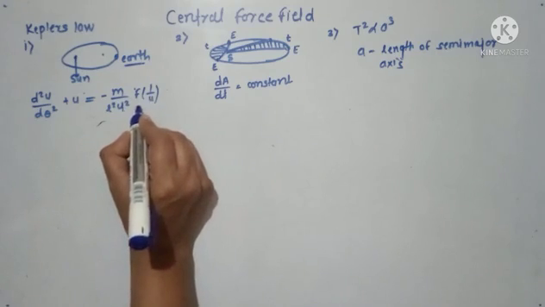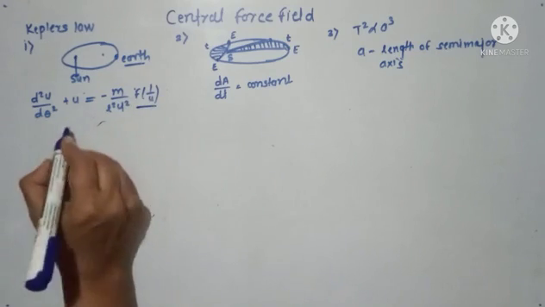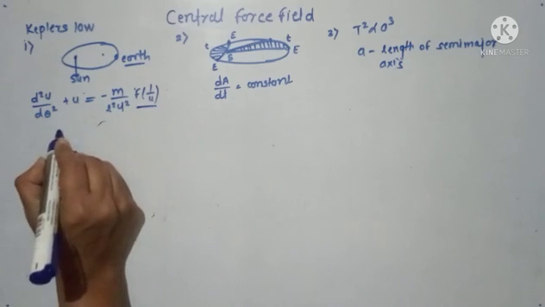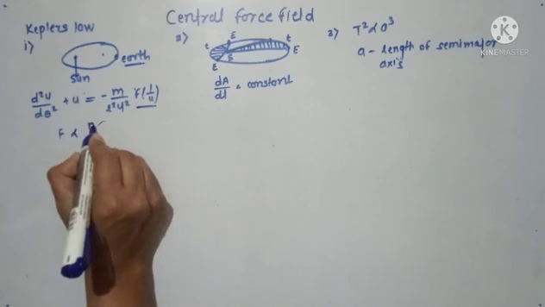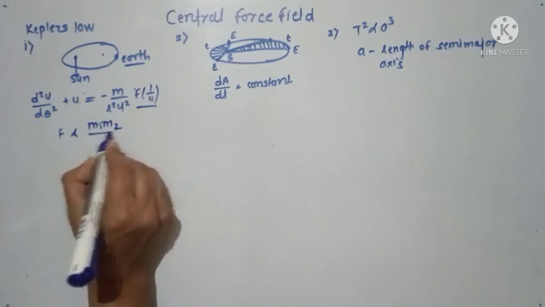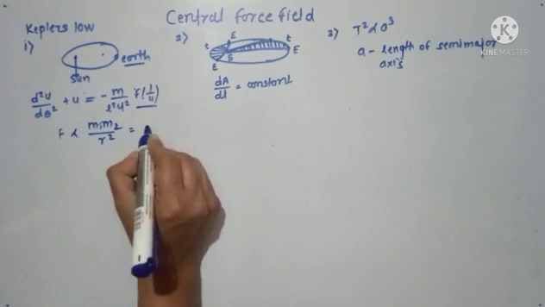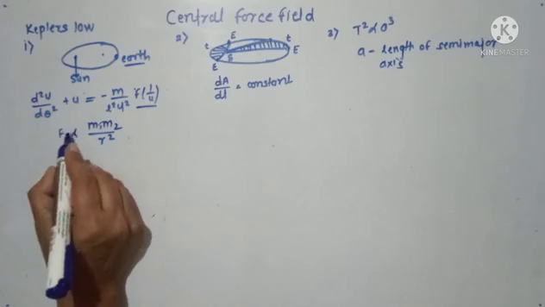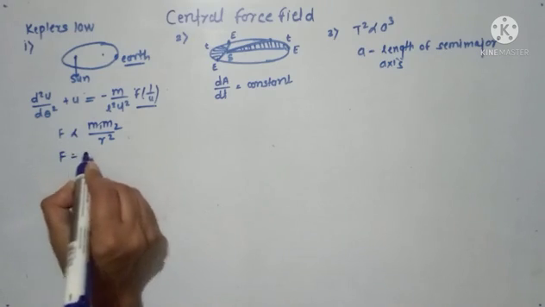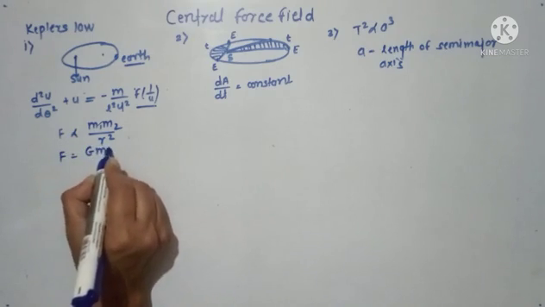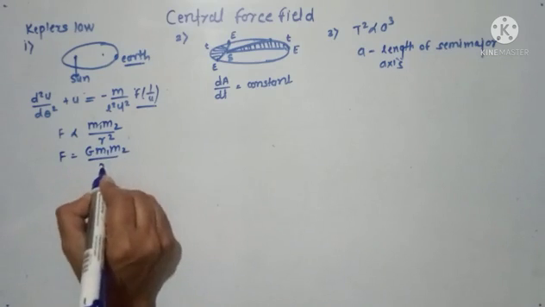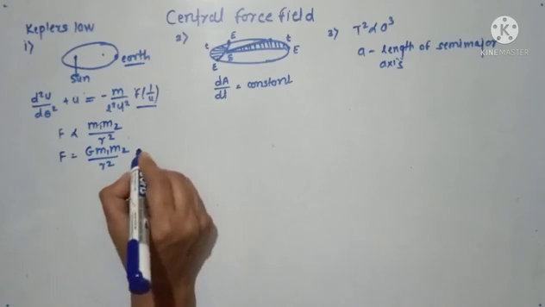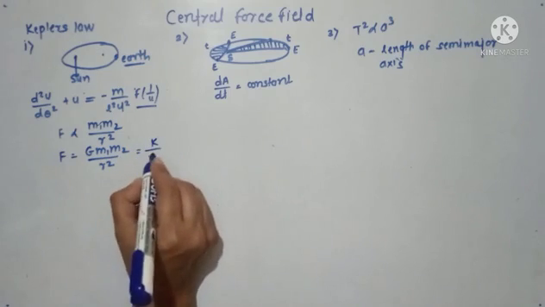Now when we are dealing with the gravitational force field, we know that this force is directly proportional to m1 m2 upon r square, or if you remove the proportionality sign, f is given by G m1 m2 upon r square, or I can write it as k upon r square.